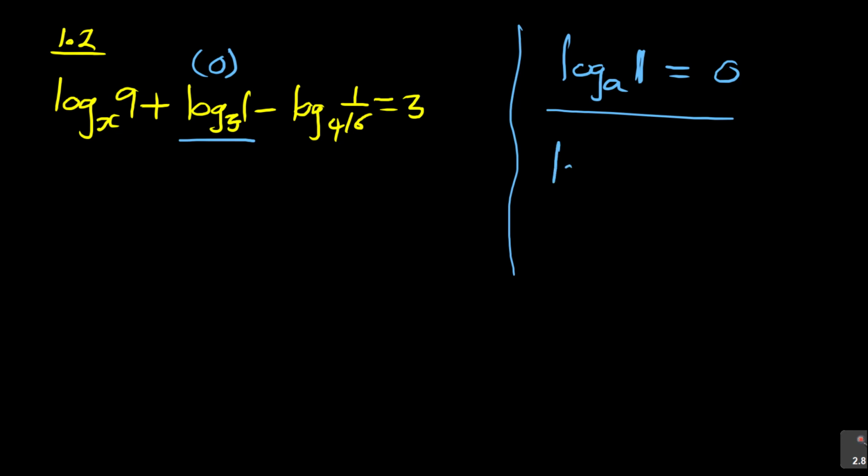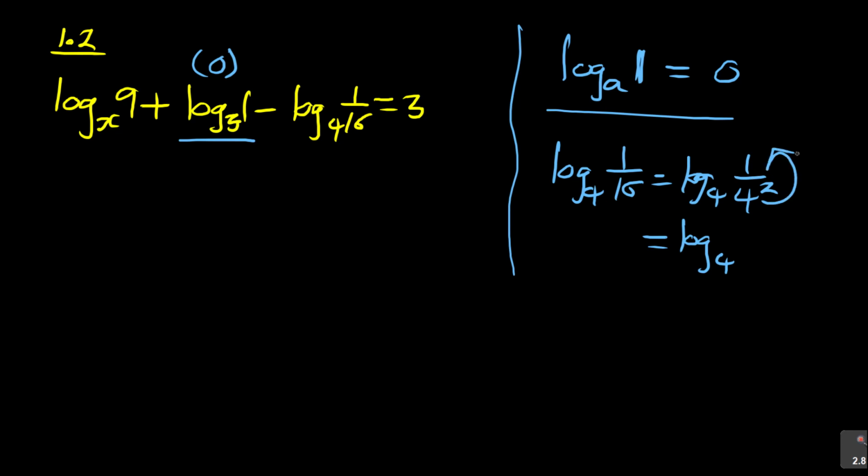And again, there is the part that we did with log 4. Now 1 over 16 is same as saying log 4 of 1 over 4 squared, which, taking this to the top, will be 4 to the power negative 2.